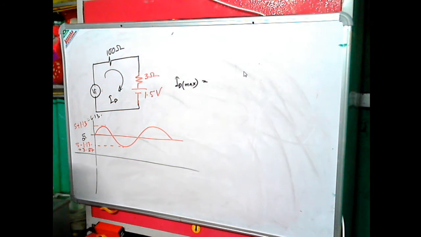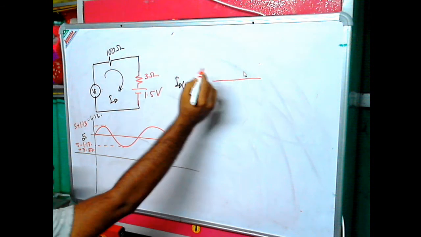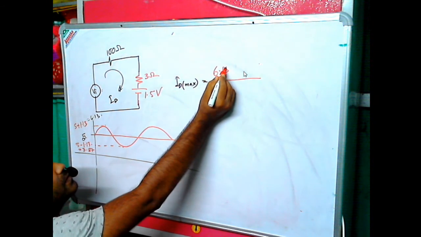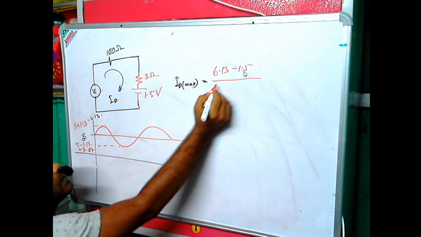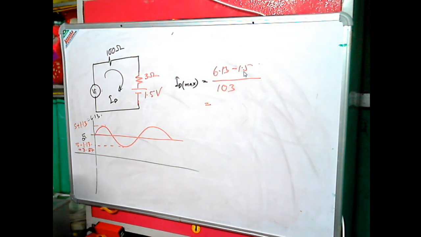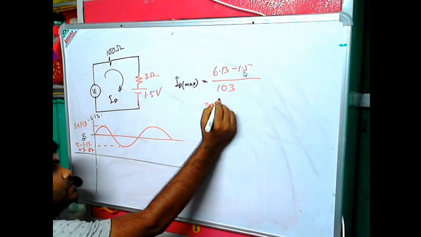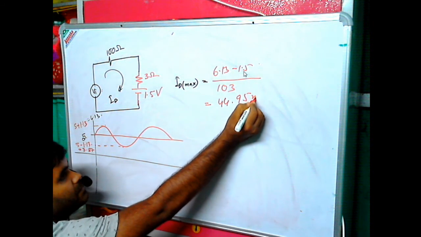In that case, what is the current? This current is basically 6.13 minus 1.5 divided by 103. Okay, so this is the maximum current. This is basically your 44.95 milliampere.